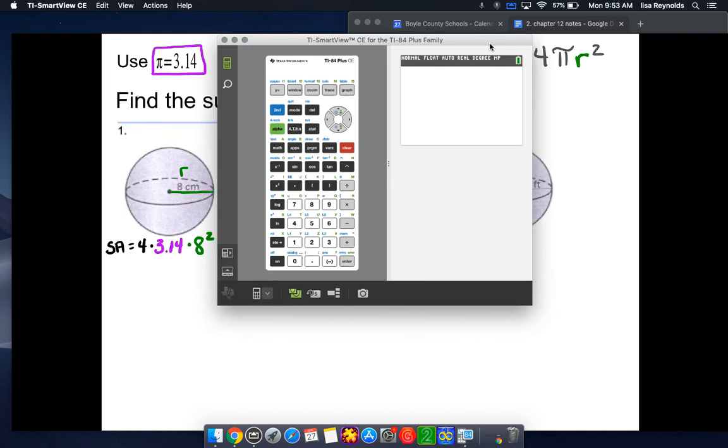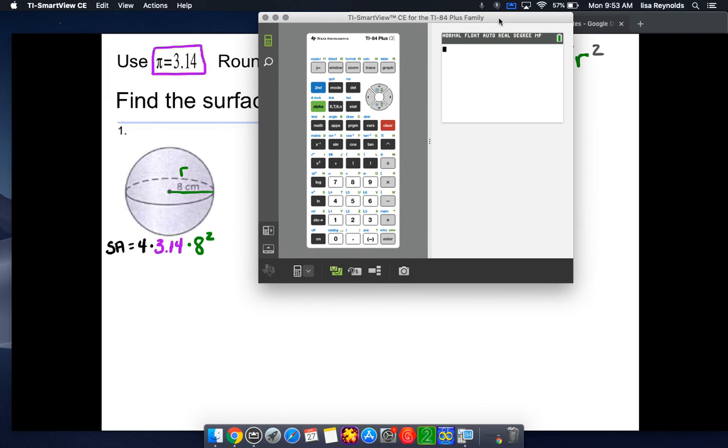Now that we have our calculation, 4 times the value of pi times the radius of 8 squared, we get a surface area for this particular sphere of 803.84. It's in centimeters, and we square them.